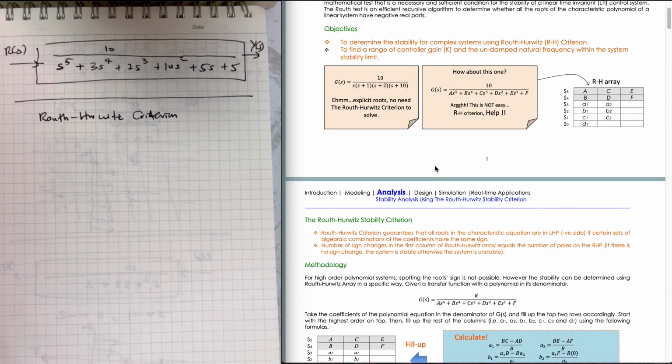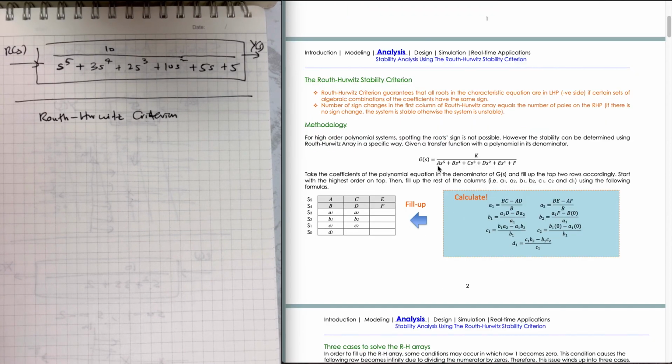Now let's go through the Routh-Hurwitz criterion. The RH criterion guarantees that all roots in the characteristic equation are in the LHP if certain sets of algebraic combinations of the coefficients have the same sign.